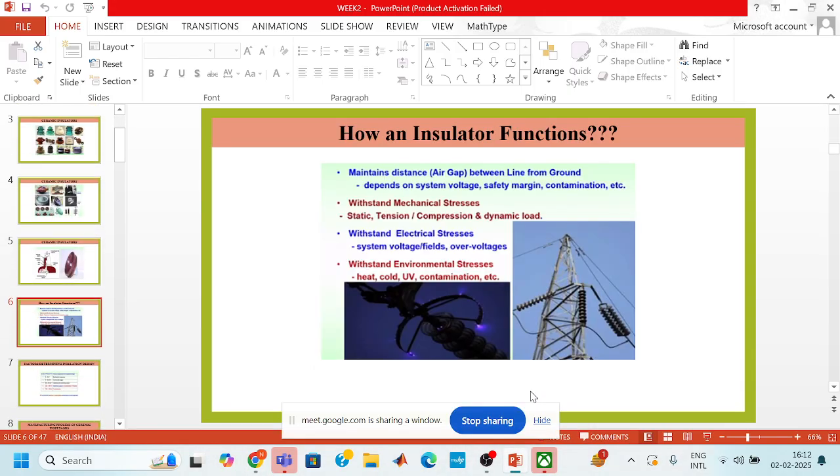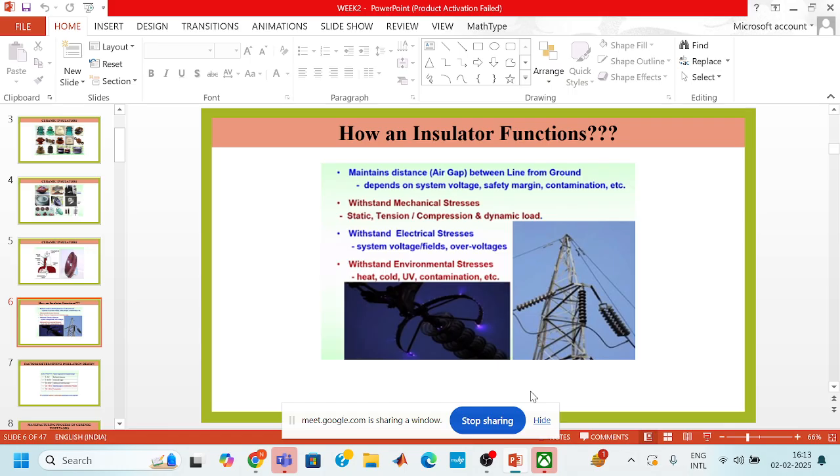Moving on, how an insulator functions. Basically, the insulator maintains the air gap between the line and the ground, and it depends on the system voltage, safety margin, contamination or pollution, etc. It depends on mechanical stresses, that means static, tension, compression, or any dynamic load.